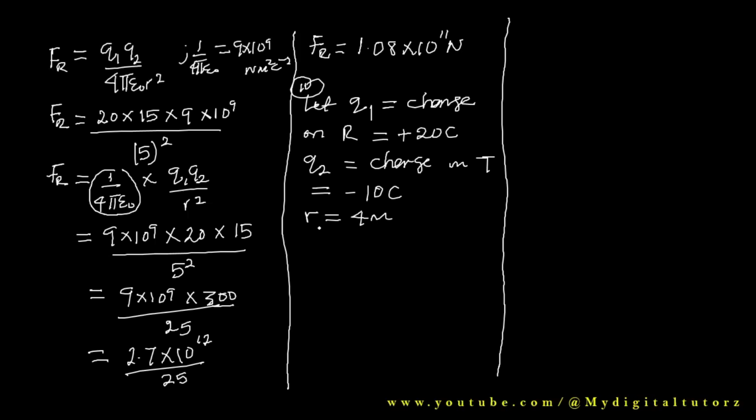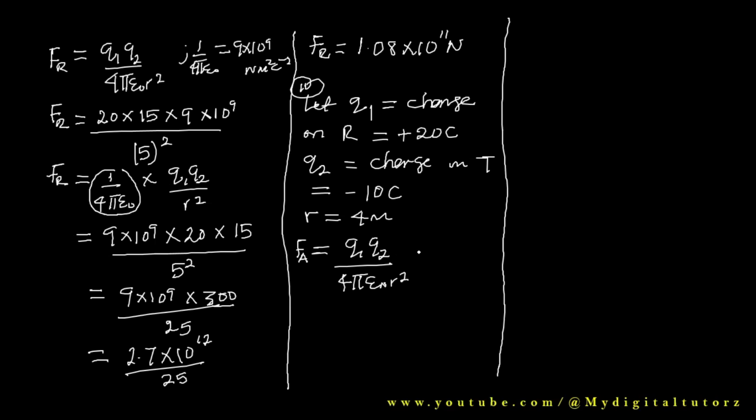So ask yourself, is it attraction or repulsion? Here now, the force between them is a force of attraction because it is positive and negative. So let the force between them be Fa, which implies force of attraction, is equal to Q1, Q2 all over 4 pi E naught R squared.